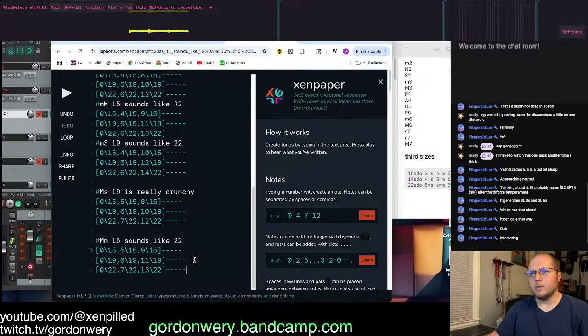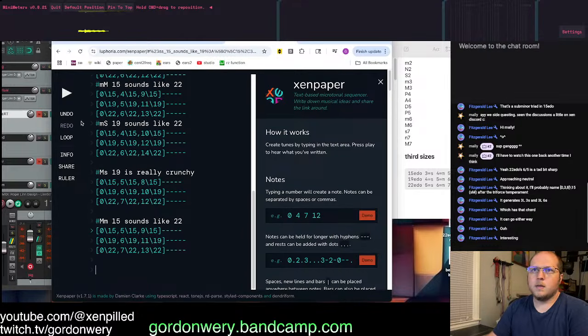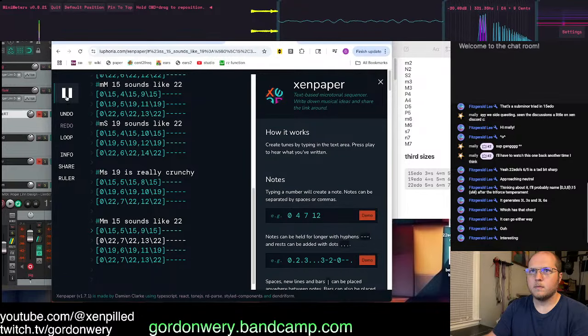They have pretty similar major and minor triads. Because they both have kind of sharp fifths. Although the 22 triad does not have a sharp third. And 15 does, so it's kind of interesting. But they sound very similar.